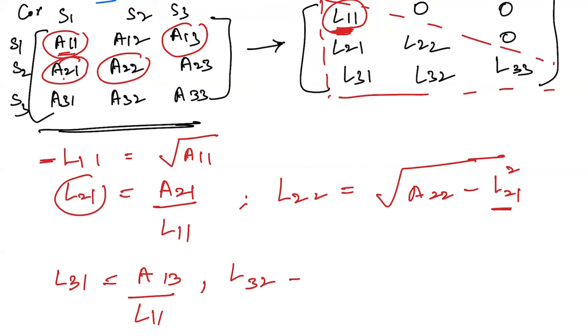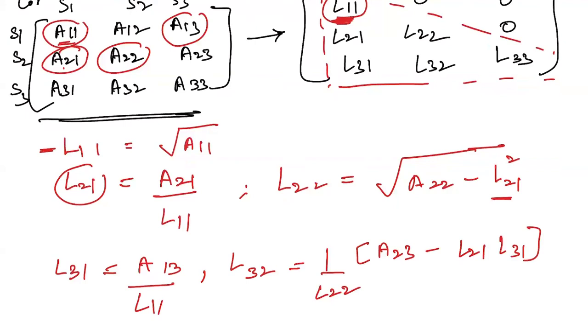Similarly, L32 is 1 by L22 times A23 minus L21 times L31. A23 comes from the covariance matrix, and L21 and L31 we have already calculated.